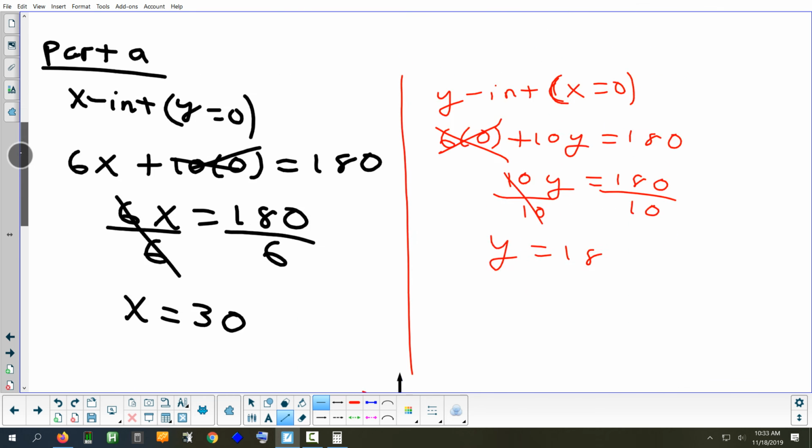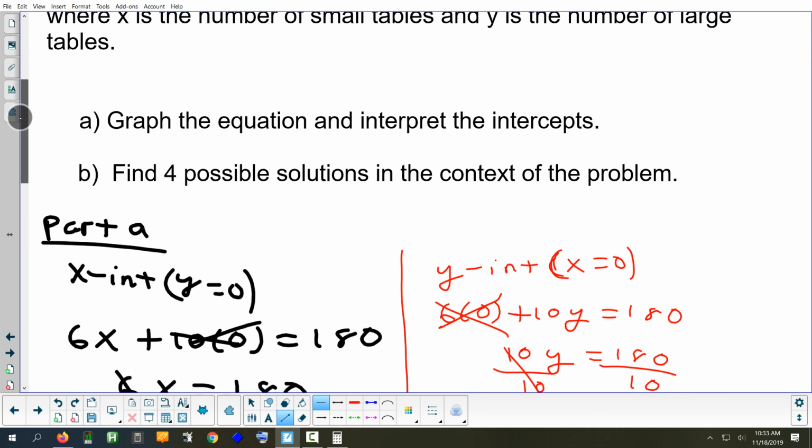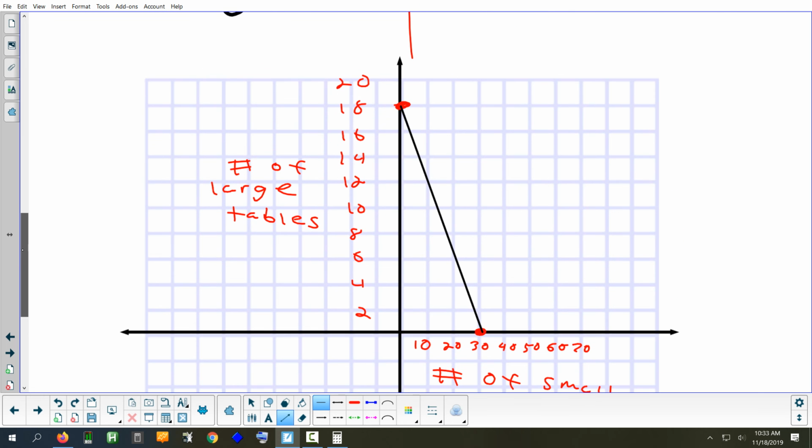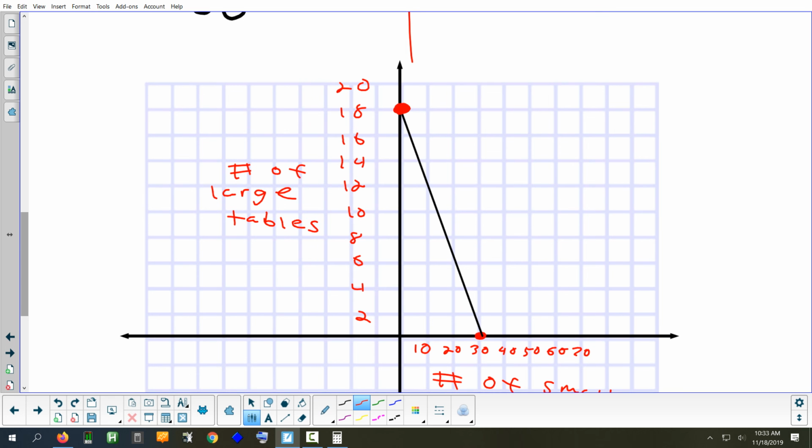So there's our graph. It says to interpret the intercepts. I want to know what this point means. What does that point mean in our word problem? It has to do with numbers of tables and how many you could buy of each to fit 180 people. The number of large tables you can buy for 180 people.